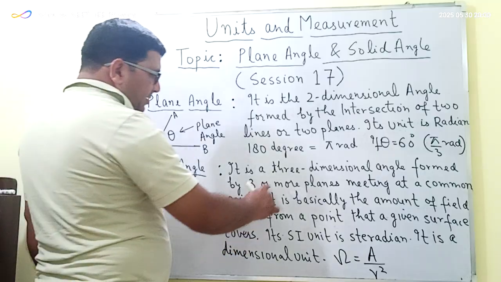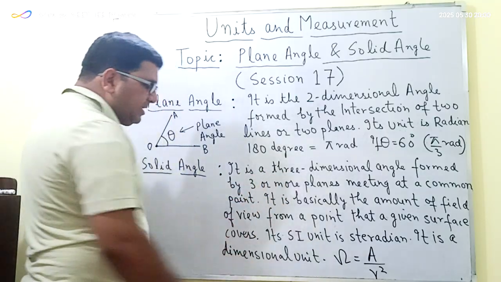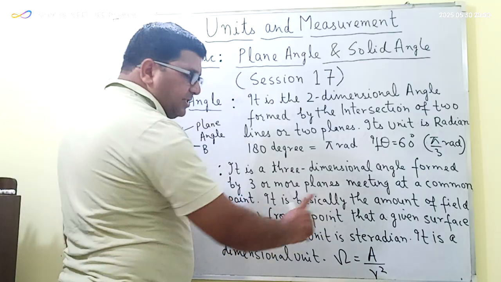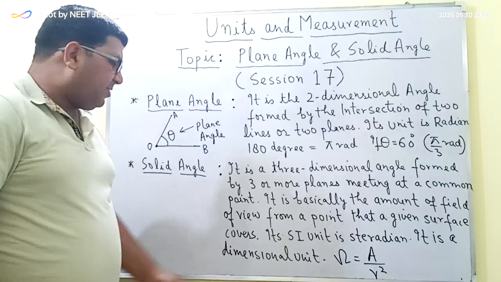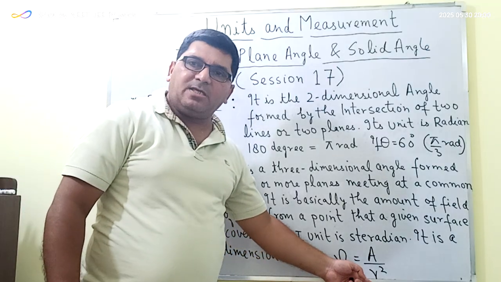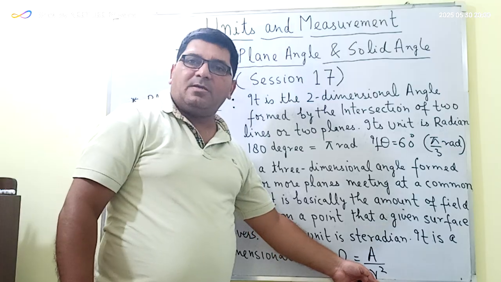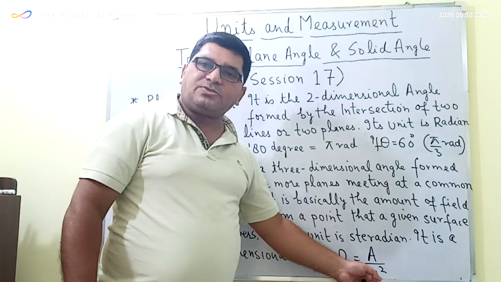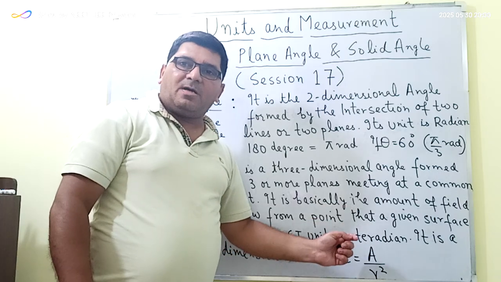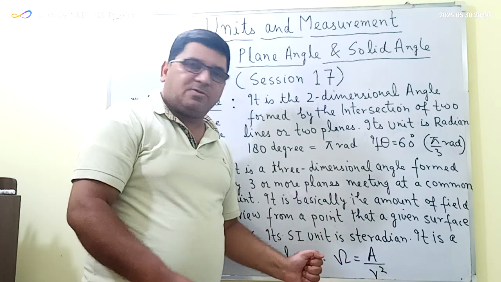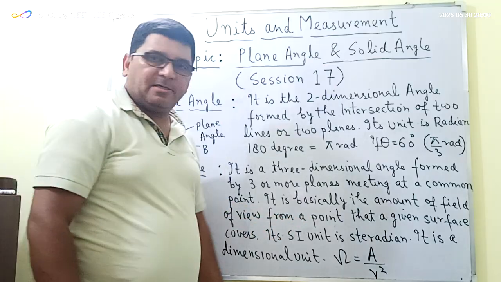This solid angle is a dimensionless quantity and its SI unit is steradian, and it is equal to A upon R square, where A is the surface area and R is the distance of the point from this surface area at which we are going to measure the solid angle.